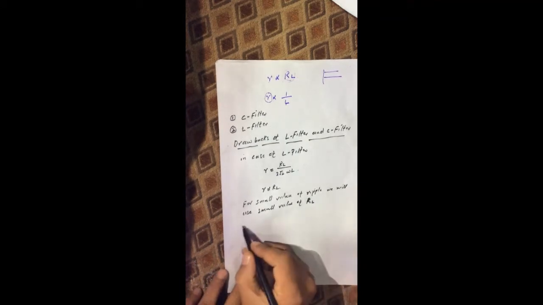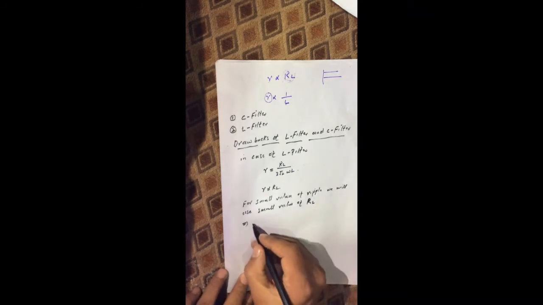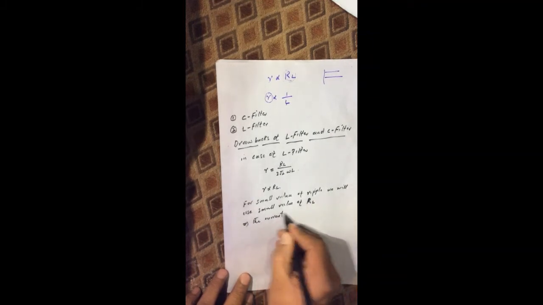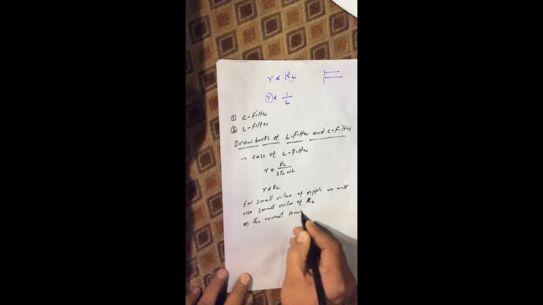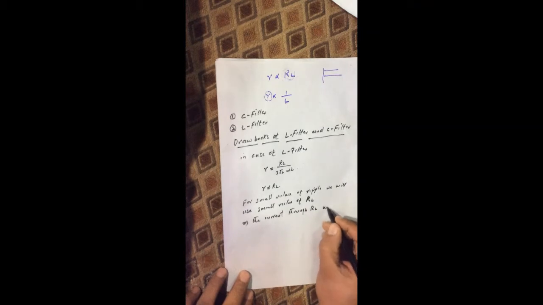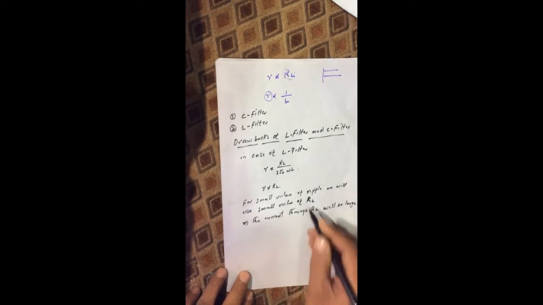Now, this means that the current through RL will be large, because if the load resistance is small, then the current flowing through it will be large.